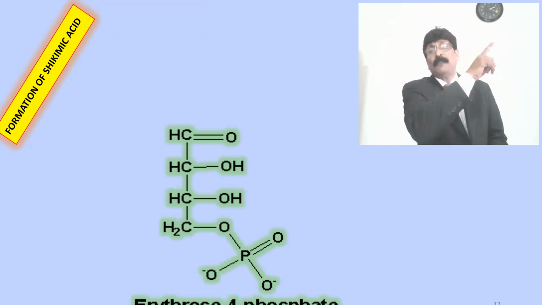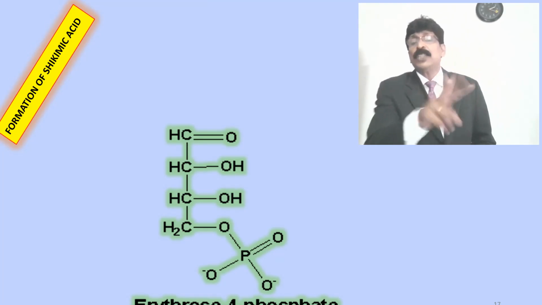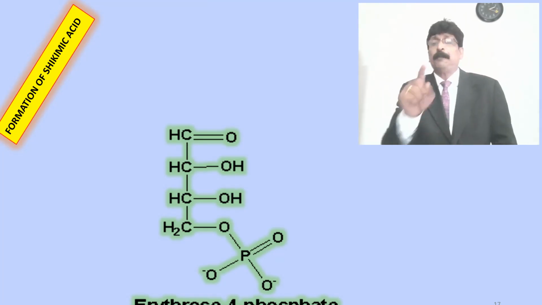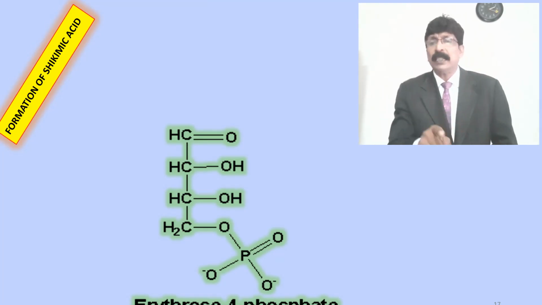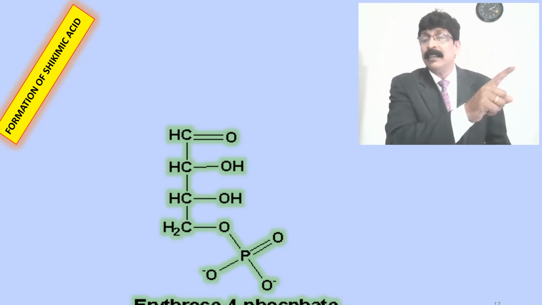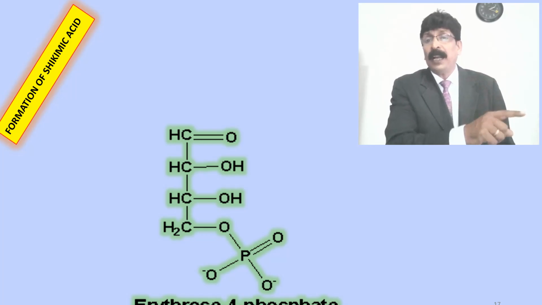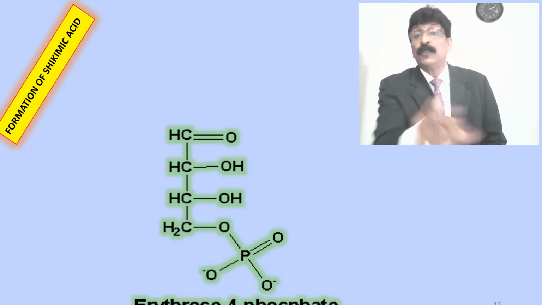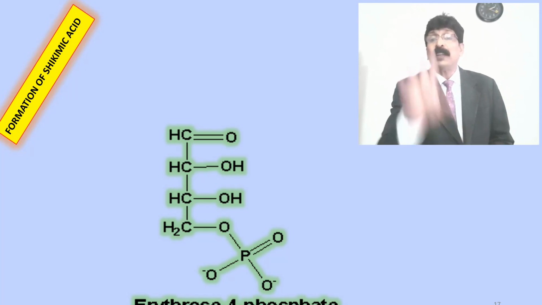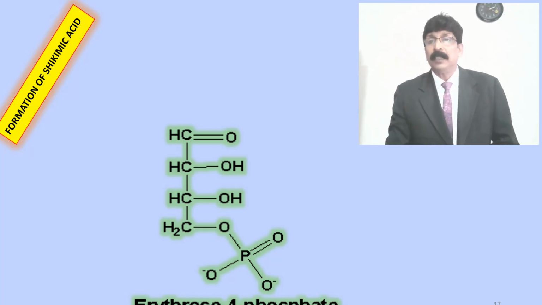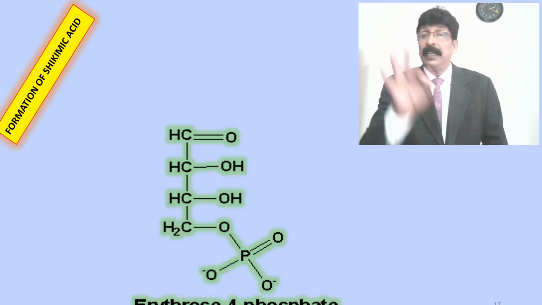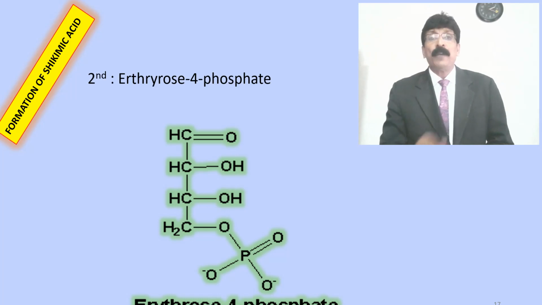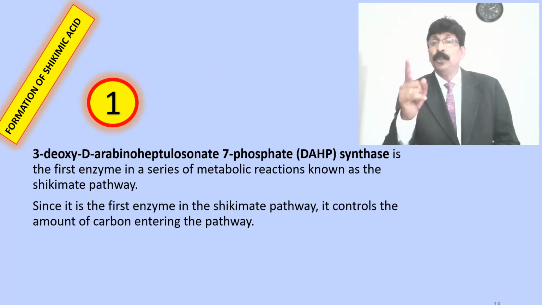In the first slide itself I told you these two products are responsible for the shikimic acid pathway. By glycolysis you get phosphoenol pyruvate, and from the carbohydrate production of photosynthesis you get erythrose 4-phosphate. Erythrose 4-phosphate has 4 carbon atoms, and phosphoenol pyruvate has 3 carbon atoms. When they join together, you get a 7 carbon atom compound.